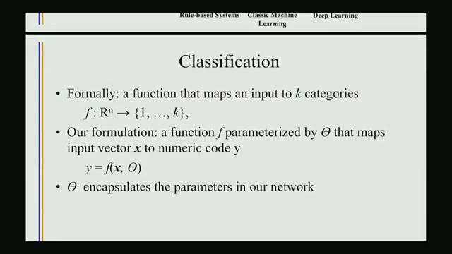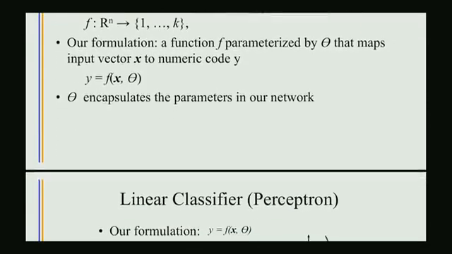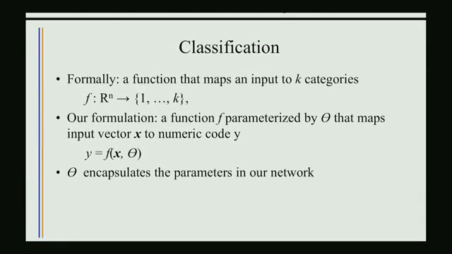I'm going to introduce a task. The task here is classification. Formally, I've got a function that takes a real valued input and maps it into one of k categories.